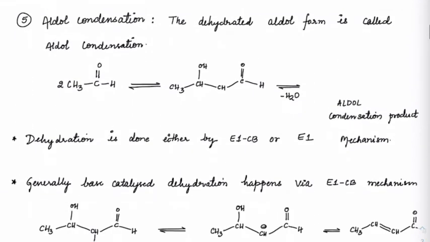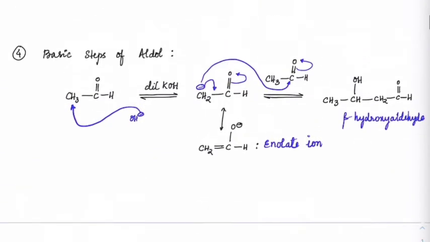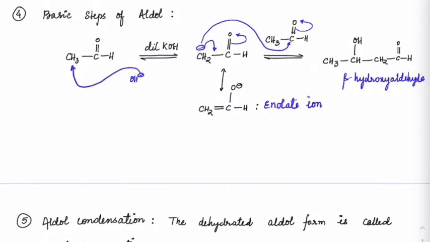Now it could be an enolate or an enol formation; both can be observed. Once an aldol is formed, suppose we check this case: we have CH3, CHOH, then CH2, C double bond O H. Now once an aldol is formed, it is observed that this OH at the beta position and this alpha hydrogen will both try to dehydrate, and we will get CH3, CH double bond CH, C double bond O H. Now the formation can be increased by increasing the temperature.